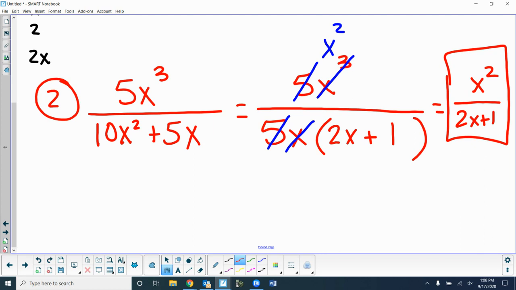Question? Simple, right? You can do it, no problem. Factor everything you can first. The only thing we can factor this time was the denominator. But then we saw we had 5s top and bottom and an x top and bottom as factors. So we could do some canceling of factors.